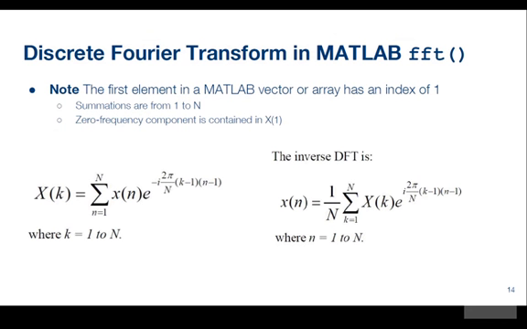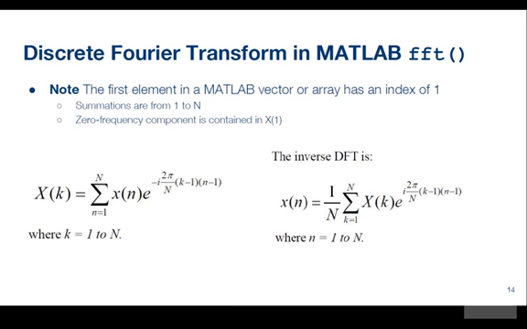MATLAB has fast Fourier transform functions for us, which simplifies everything. I think I made this point before: in a lot of textbooks and theory, they maybe start at 0. MATLAB, of course, starts at 1.